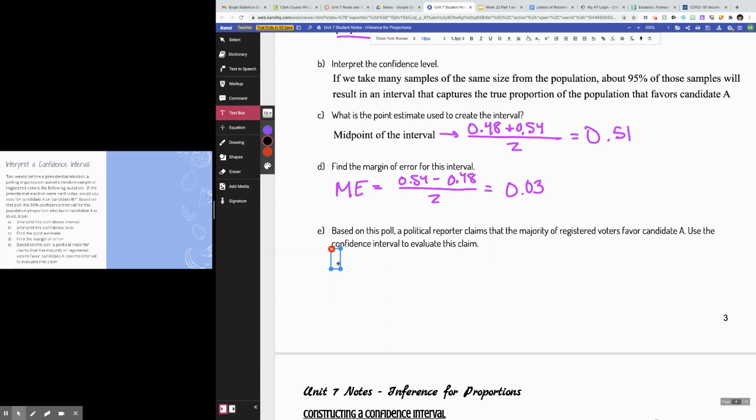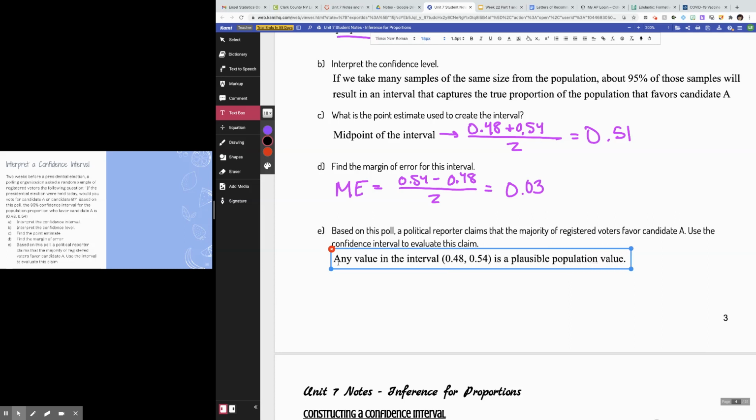That's how I'm going to start my explanation here: any value in the interval 0.48 to 0.54 is a plausible population value.